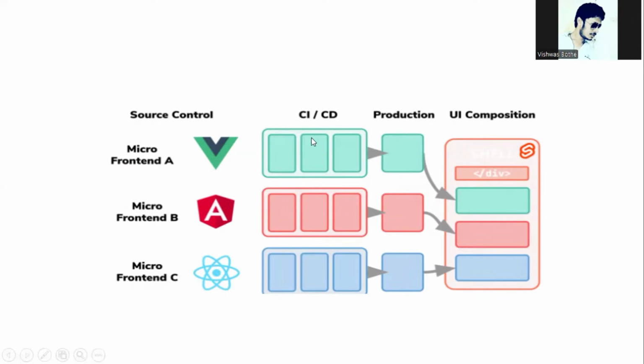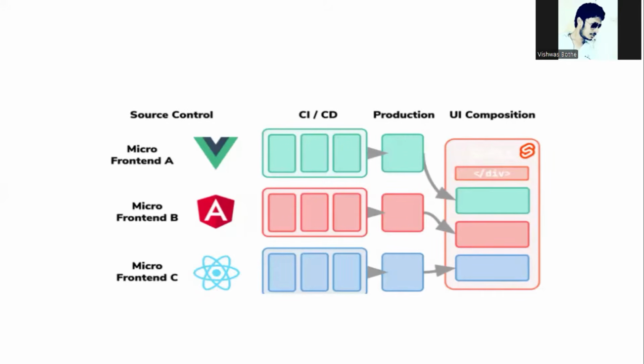Then they have their separate CI/CD pipeline, separate repository, and those applications are deployed to production independently. And finally, we are composing those applications into the parent application. Then your application will be working on production as a composed application with different modules.